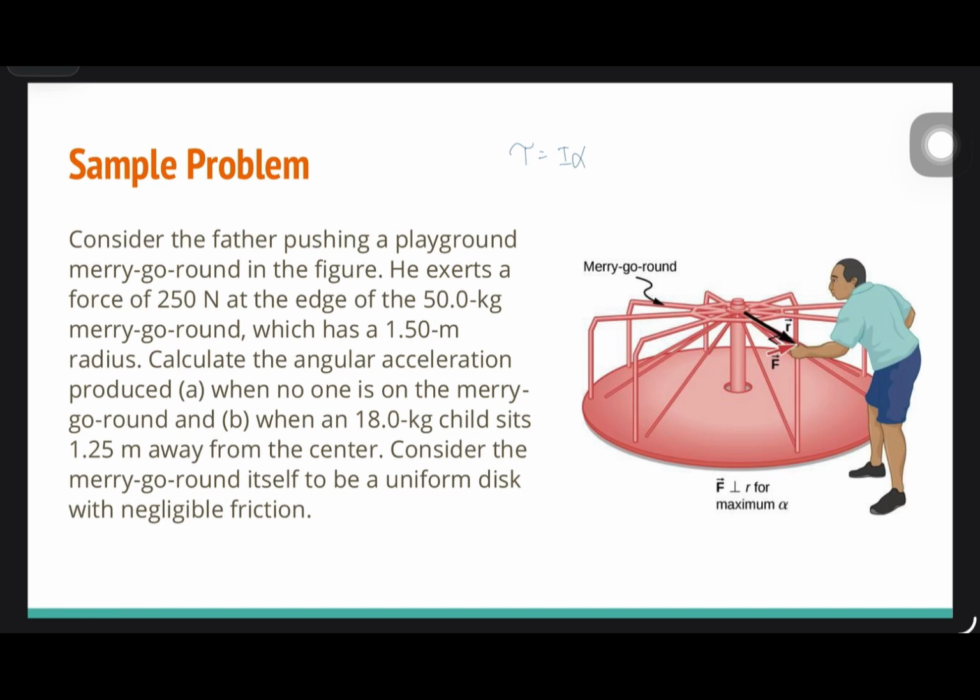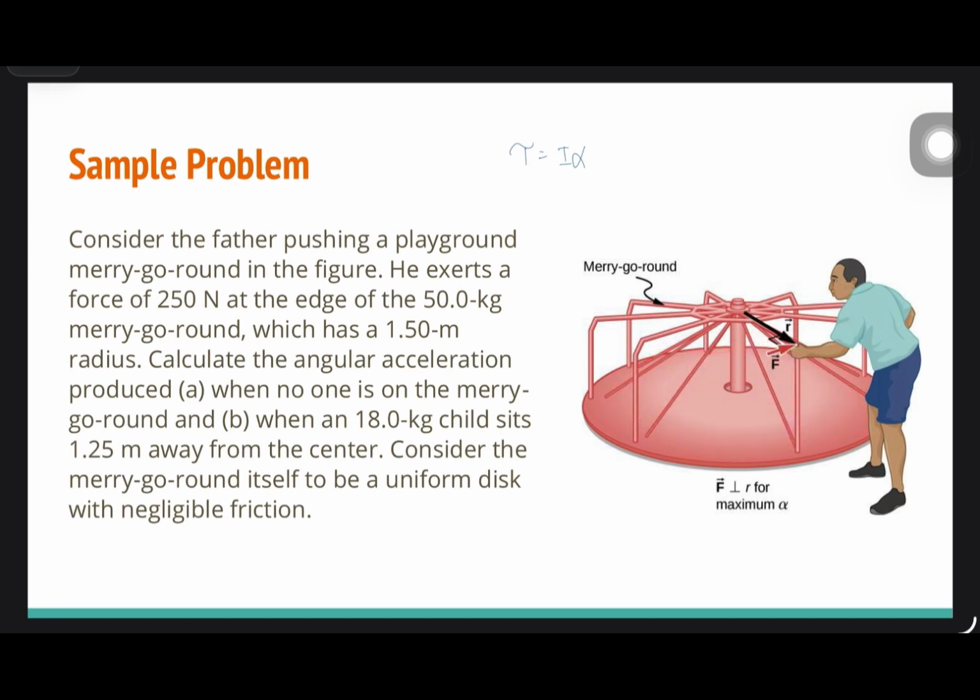Calculate the angular acceleration produced for part A when no one is on the merry-go-round, and for part B when an 18 kilogram child sits 1.25 meter away from the center. Consider the merry-go-round itself to be a uniform disk with negligible friction. When we say uniform disk, it is also known as a solid object. So, ibig sabihin po, evenly distributed yung mass ng object.